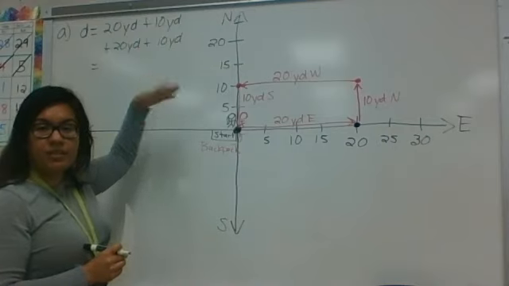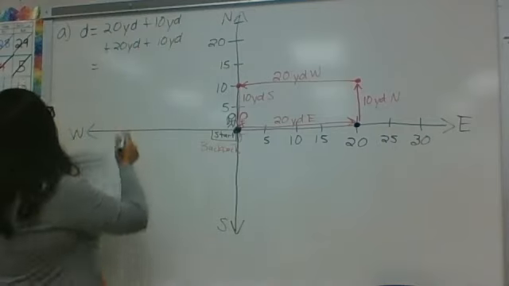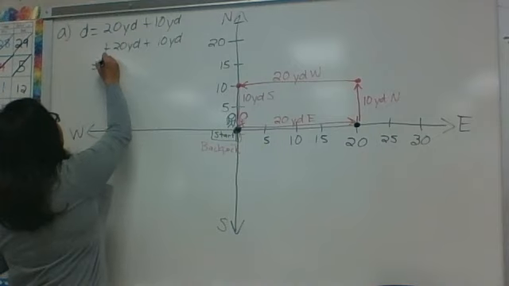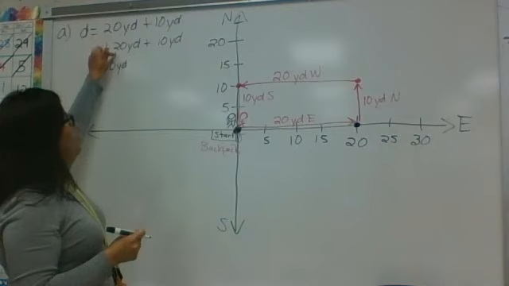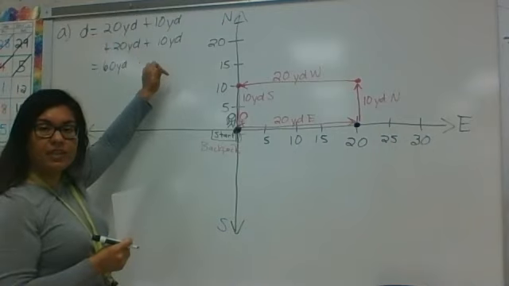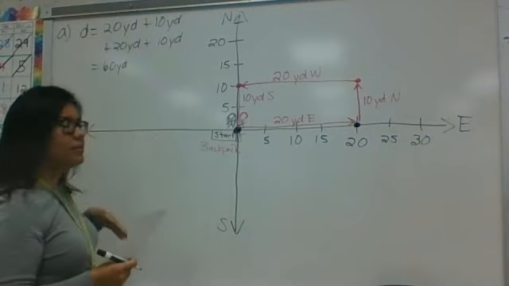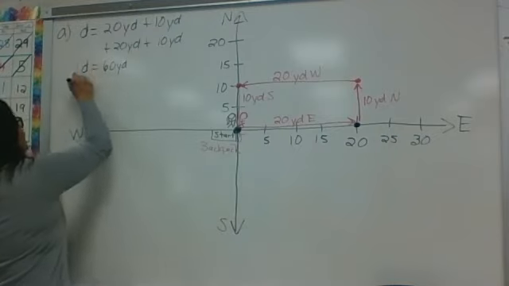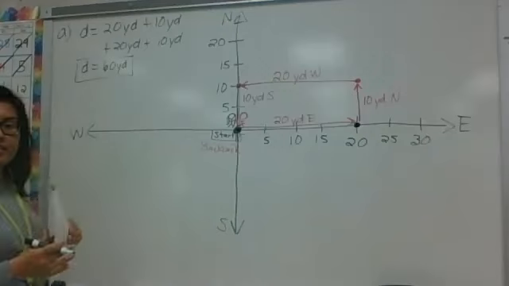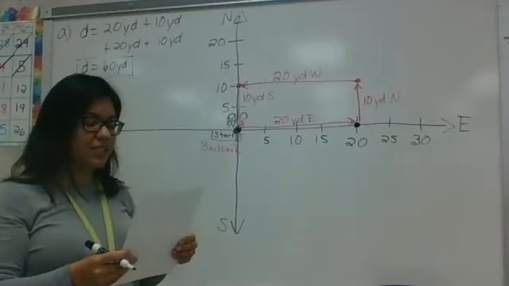So 30 times 2 is 60. Or you could do it the other way. You could do 20 plus 20 is 40, 10 plus 10 is 20, and then you would have 60. So you can add this up however you want. So the final distance is 60 yards. So that's part A. See, that was easy.